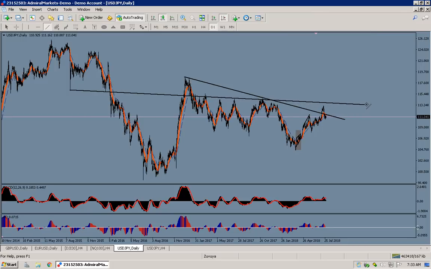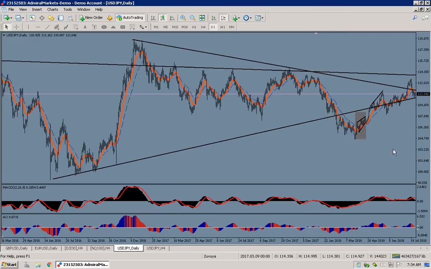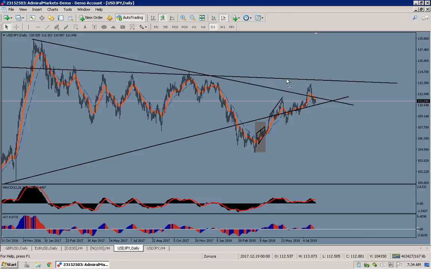I'm trying to draw some levels now to see if I get some more confirmation somewhere. I'm trying to connect significant price points with each other. So is there any trend line that lines up with a certain zone where a reversal could be likely? Now, this line is obviously the most interesting, so let me get rid of the others.